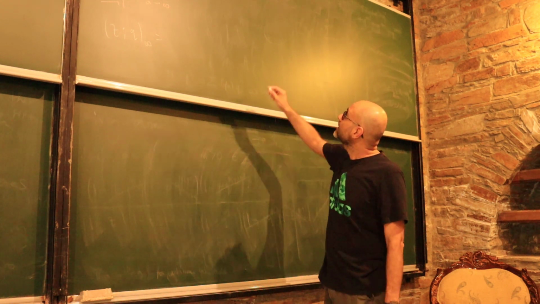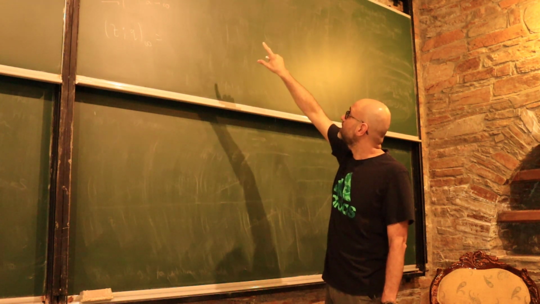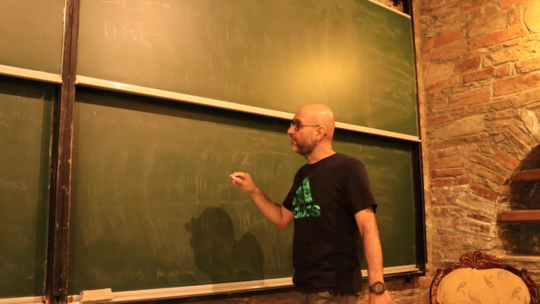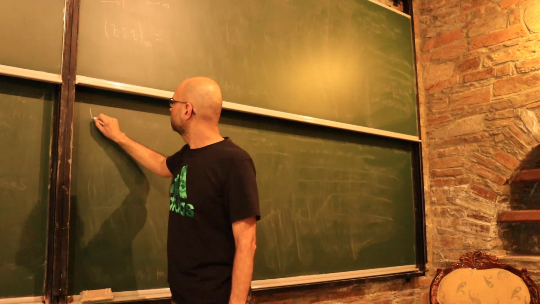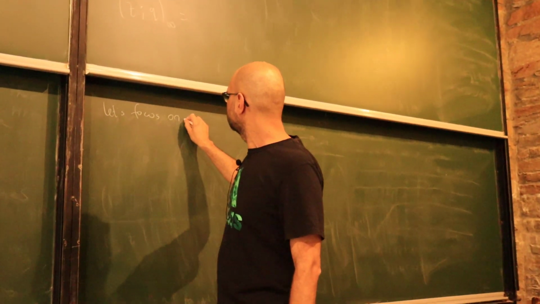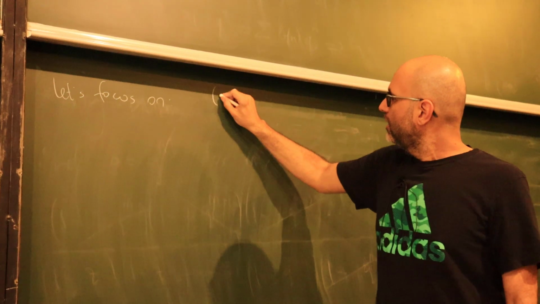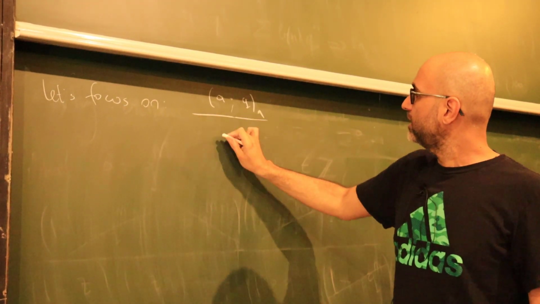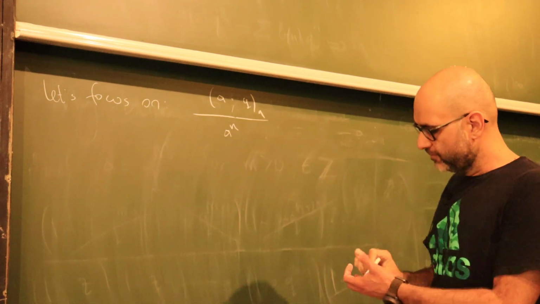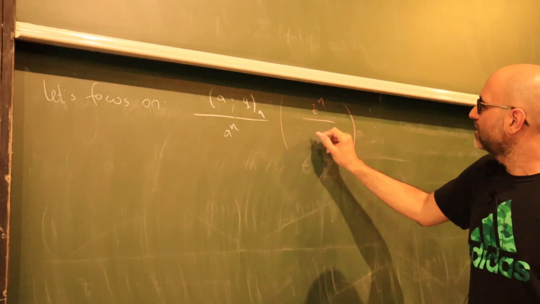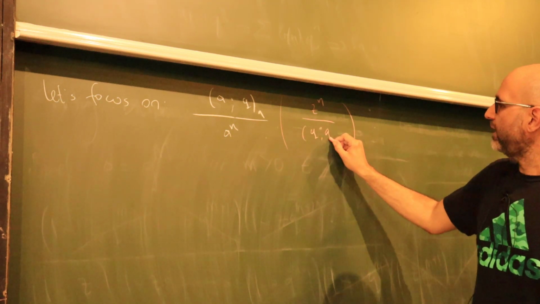So let's take z^n and (q; q)_n aside, and let's focus on the remaining factors. (a; q)_n divided by a^n. And just remember that we have z^n times the q factorial here.